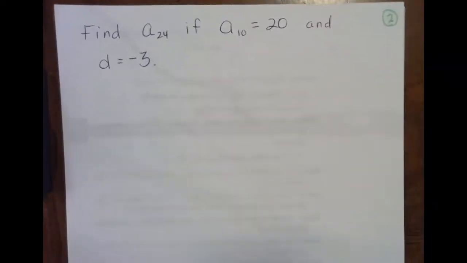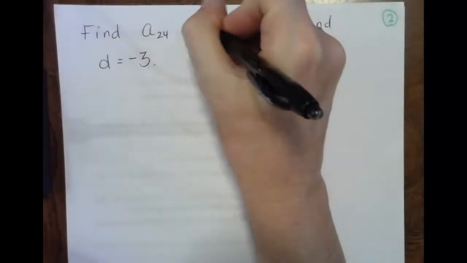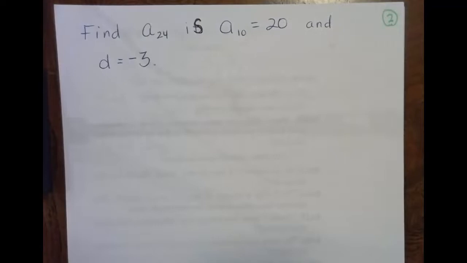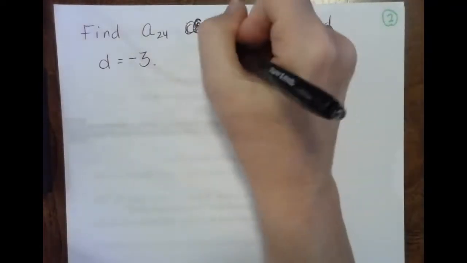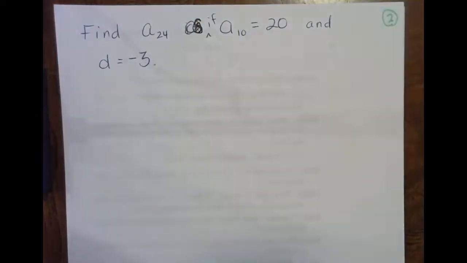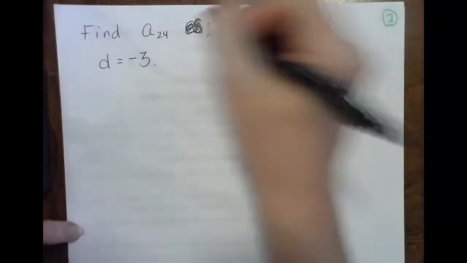Next problem. Find a sub 24 if a sub 10 equals 20 and d equals -3. Remember what we're given here.